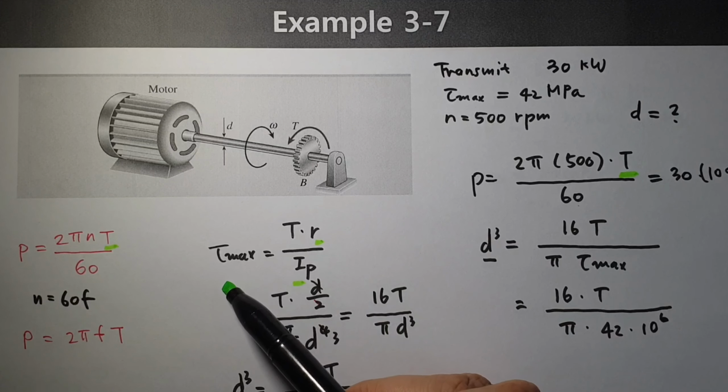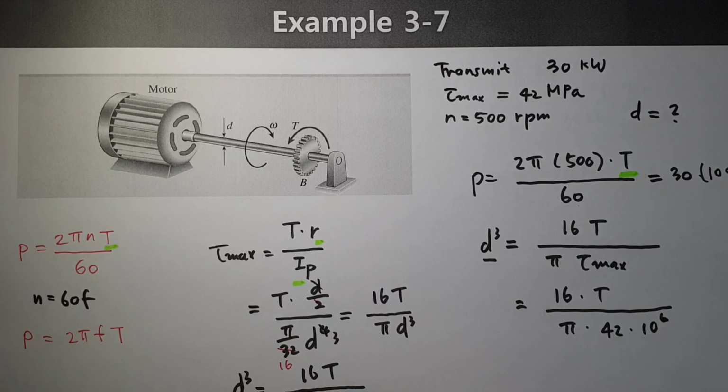And based on this relationship, you can calculate the relationship between diameter and some other data. When you substitute given value there, finally you can calculate diameter, required diameter D.